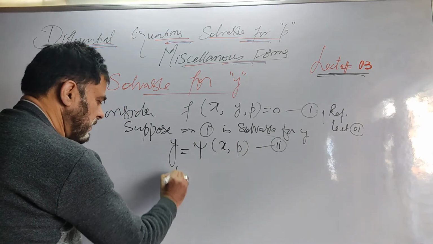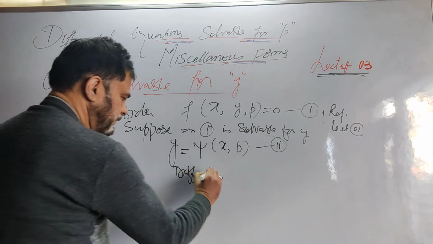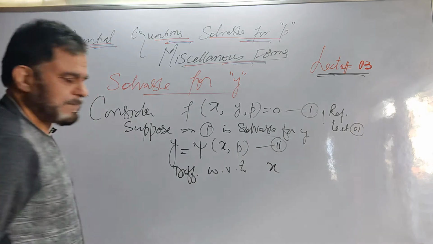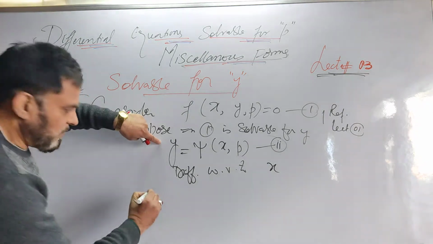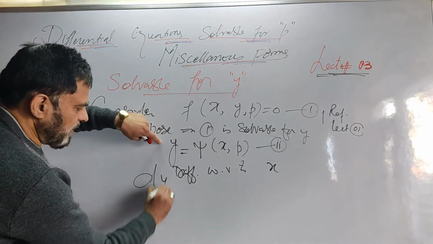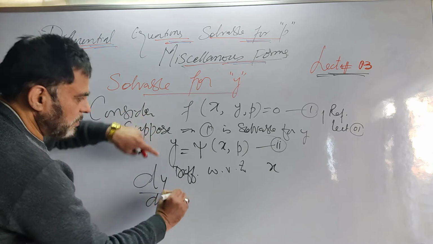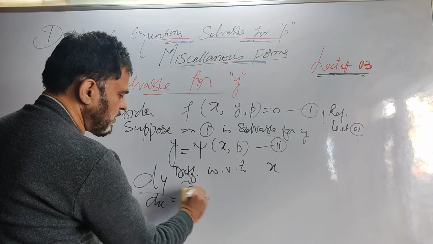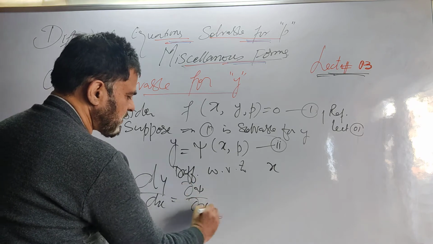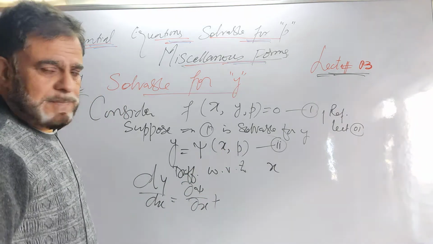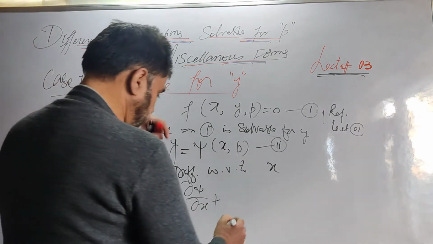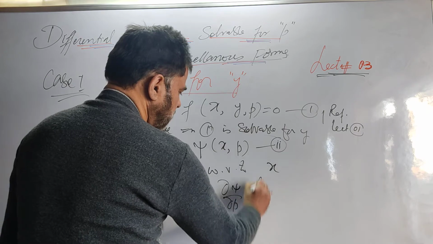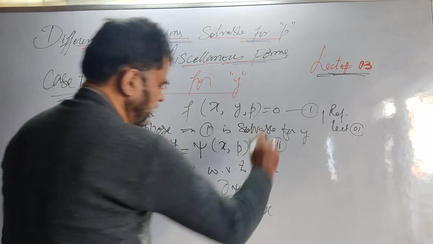We differentiate this with respect to X. When you differentiate with respect to X, you get dy by dx, which is P, equal to the partial of psi with respect to X, and then P is also a function of X, so we add del psi by del P into dP by dx.